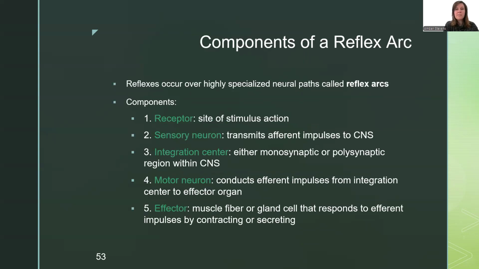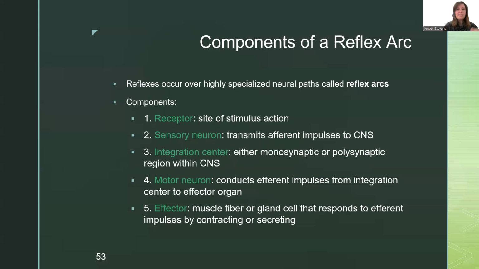So reflexes follow a very specific pathway. It has a receptor, which detects the stimuli. You have sensory neurons, which send the signal to the brain. The integration center processes that signal.